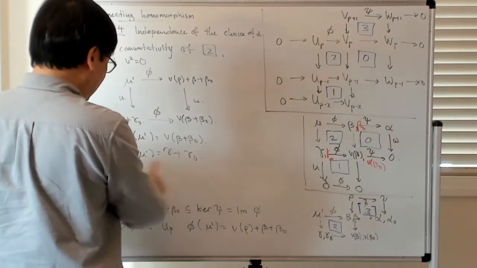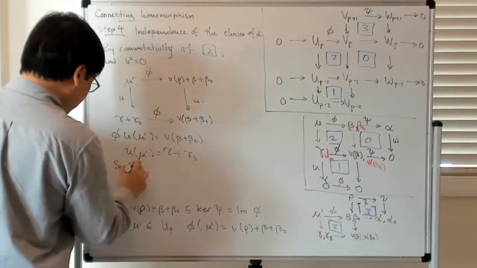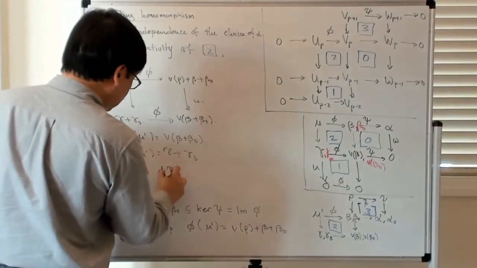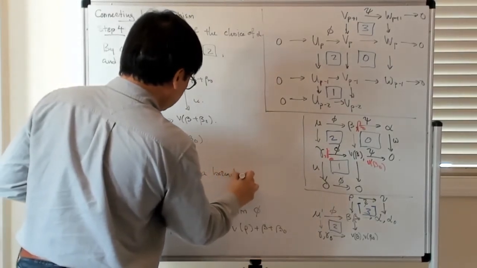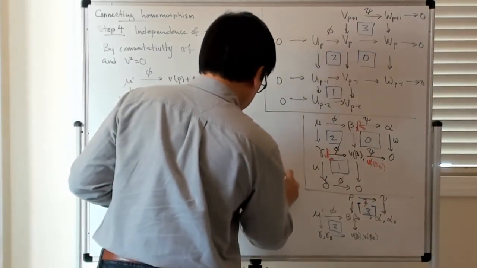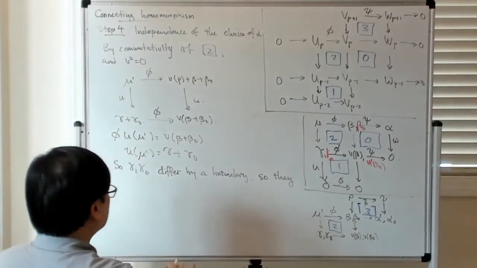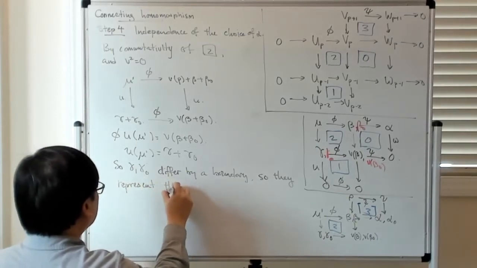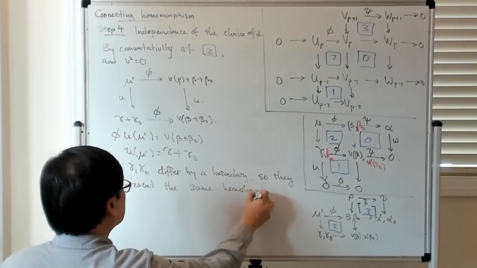That means gamma and gamma 0 differ by a boundary, so they represent the same homology class as before.